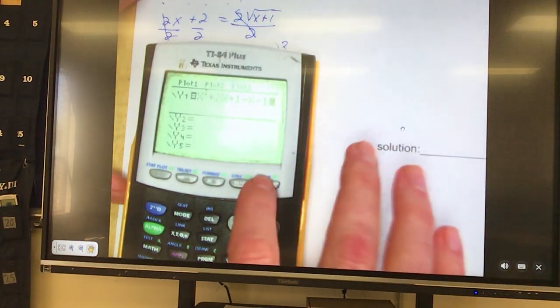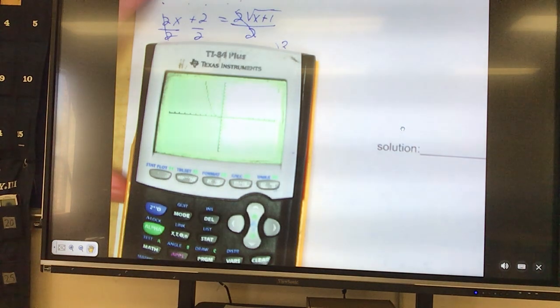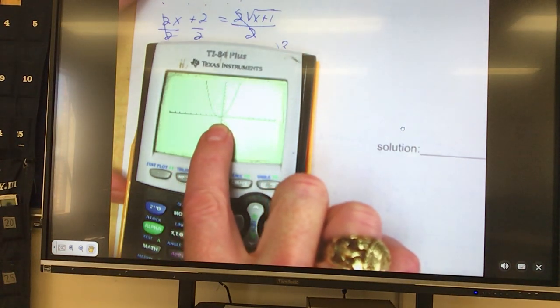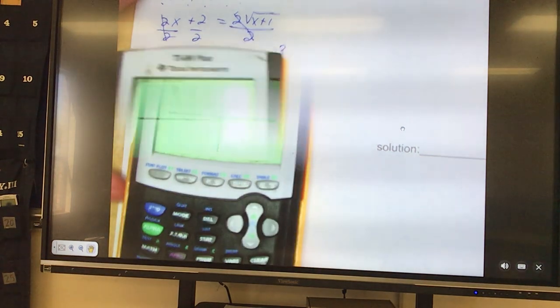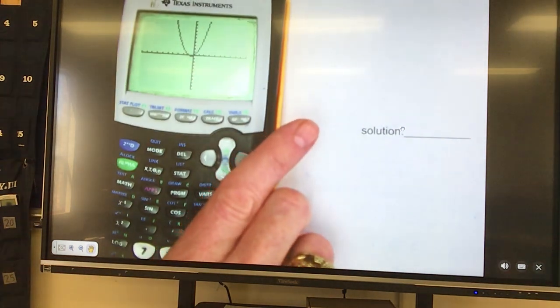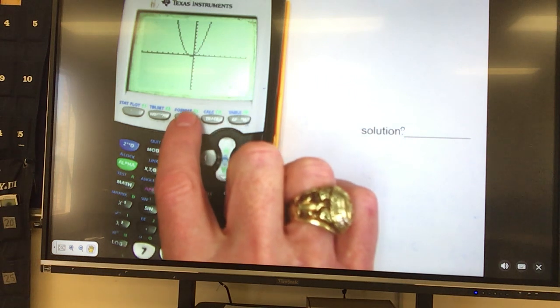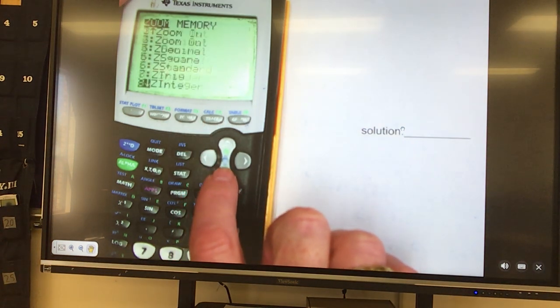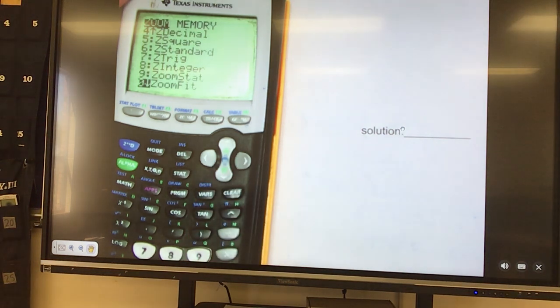We're going to graph it, let it do its thing. I can see that if I zoomed in, it crossed twice. So there's going to be 2 different possible answer solutions. So I'm going to actually zoom fit. Let's do zoom fit first and see if that'll give us a better view.